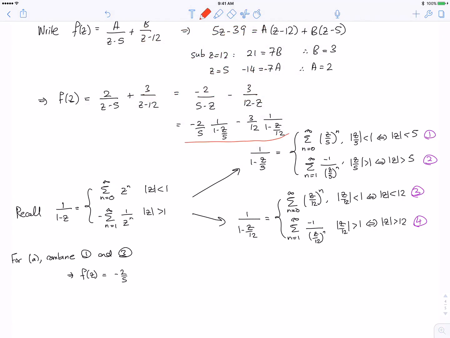Just recall, this is what f is given by, right? So it's going to be negative 2/5 times the series in 1, which is the sum from n equals 0 to infinity of (z on 5) to the n, minus 3 on 12 times the series in 3.